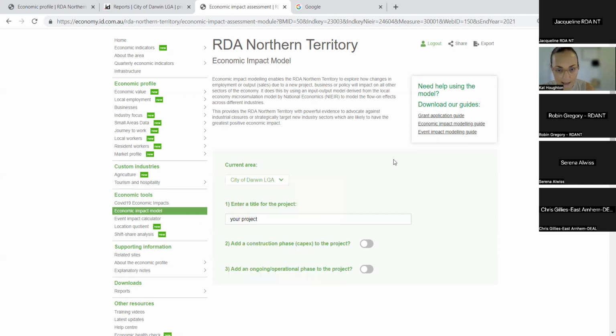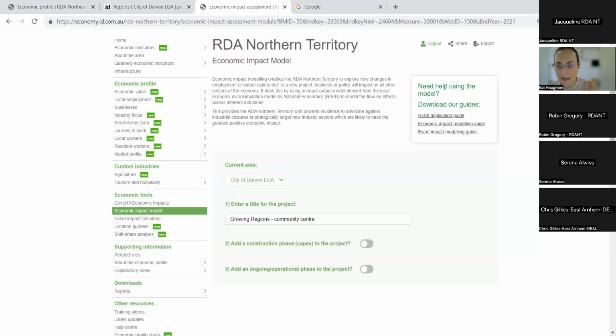So let's say it's in Darwin, City of Darwin, LGA. And what you'll do is you'll enter your project title, and I'll just put in Growing Regions, and I'll just use an example that I use every time. And it's a community centre, and it was one that we did in Western Queensland.